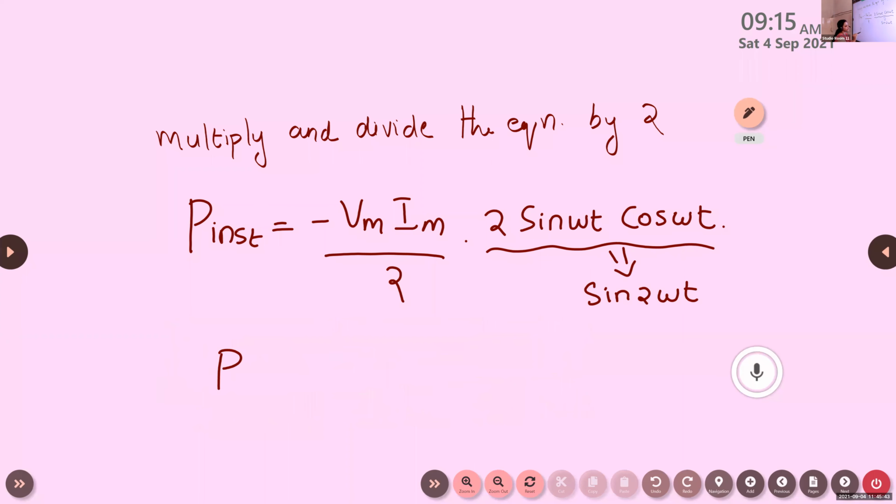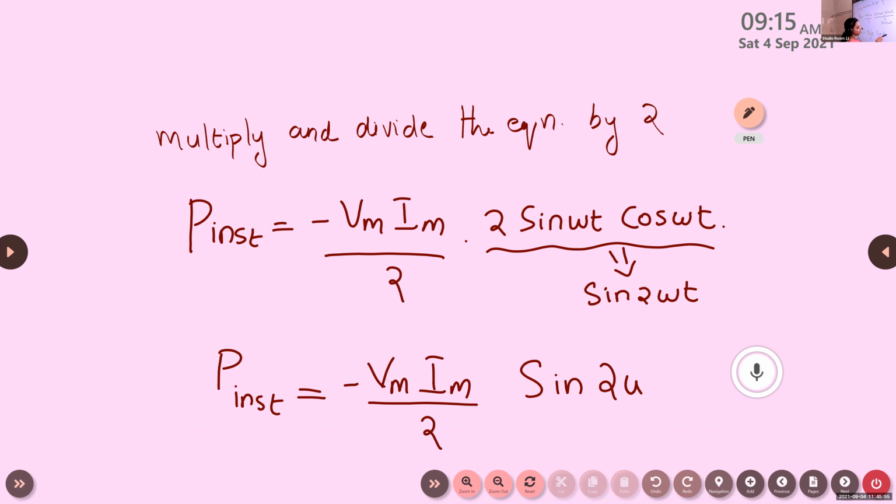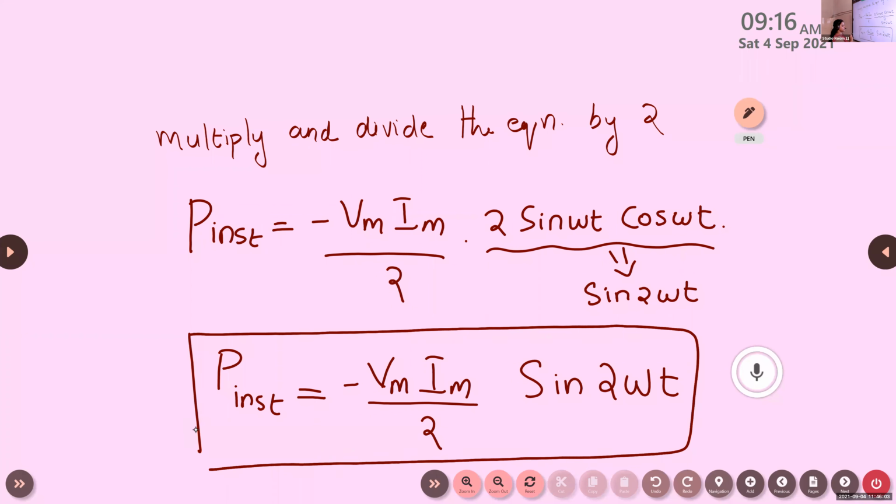So the expression for instantaneous value of power becomes P instant is equal to minus Vm Im divided by 2 into sine 2 omega t. So this is the equation for calculating the instantaneous value of power in the case of AC voltage through inductor.